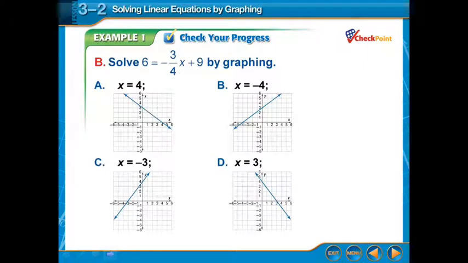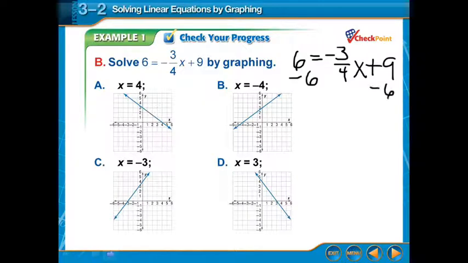example. It says 6 equals -3/4 x plus 9, and we can also find the x-intercept by graphing. And this is where we would write a related function in slope-intercept form. So I would take 6 equals negative 3/4 x plus 9, and I would subtract 6 from both sides.